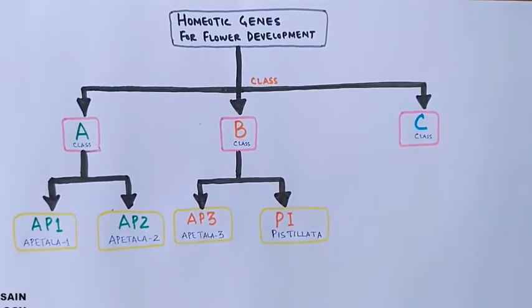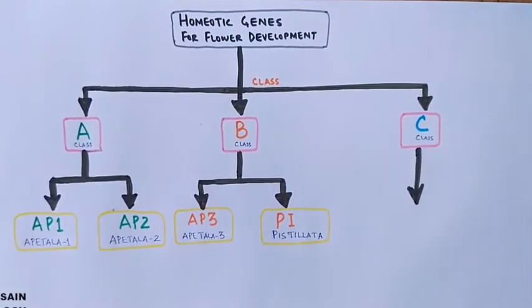And lastly, the C class homeotic gene has got only one gene by the name of AG, that's agamous gene. And it's by these five genes, AP1, AP2, AP3, Pistillata and agamous gene, that interact together and transform the shoot apical meristem into floral meristem.